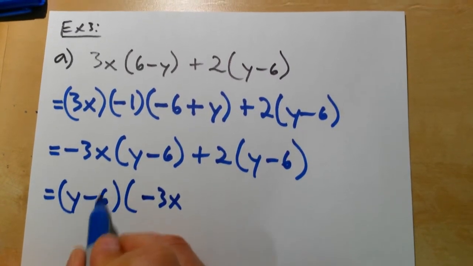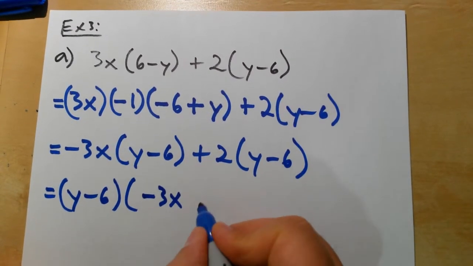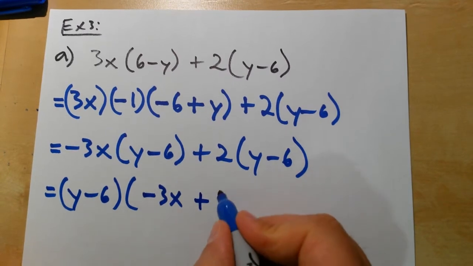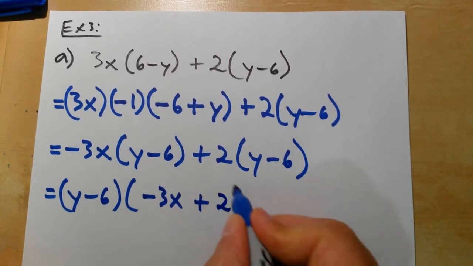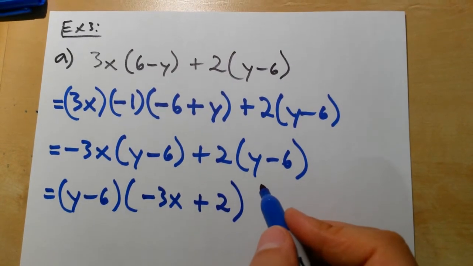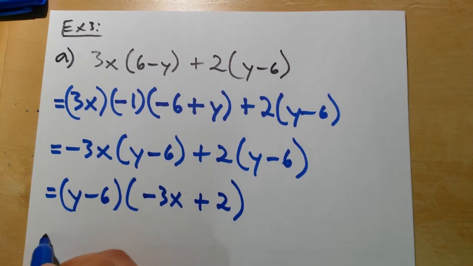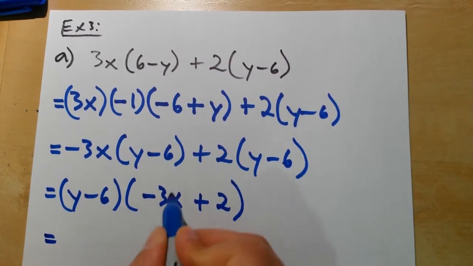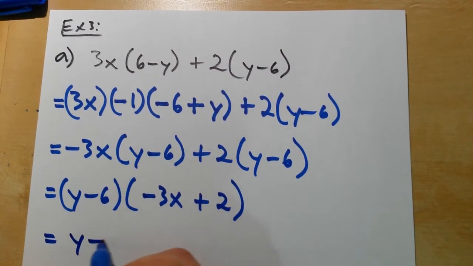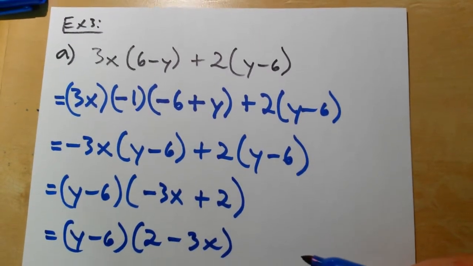And then y minus 6 times what in order to get positive 2? Well, the answer is going to be positive, and 2 times (y minus 6) will give us that expression. So in our final answer, we can simply rewrite the terms with a positive sign in front in this expression. So we end up with (y minus 6)(2 minus 3x). And that is our answer.